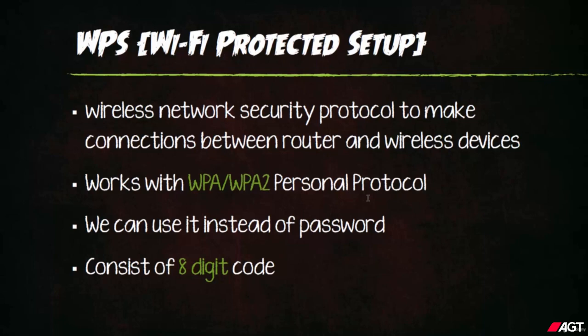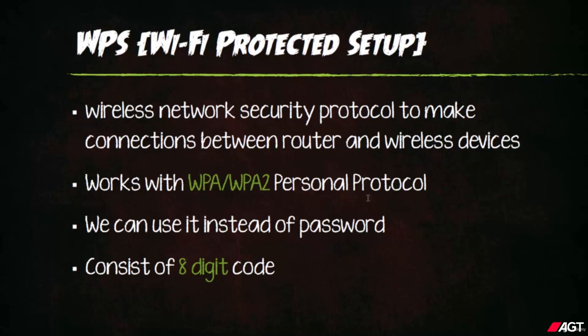WPS, or Wi-Fi Protected Setup, is a wireless network security protocol which tries to connect your wireless device with the access point. It works with WPA and WPA2 personal protocols. It does not work with WEP because WEP is an old protocol and it's very easy to crack, as we have seen in the previous videos.